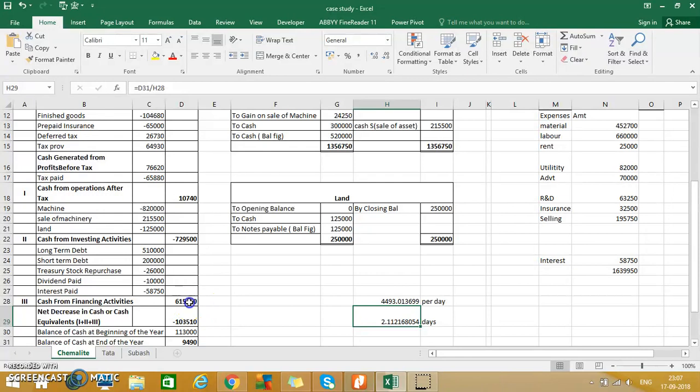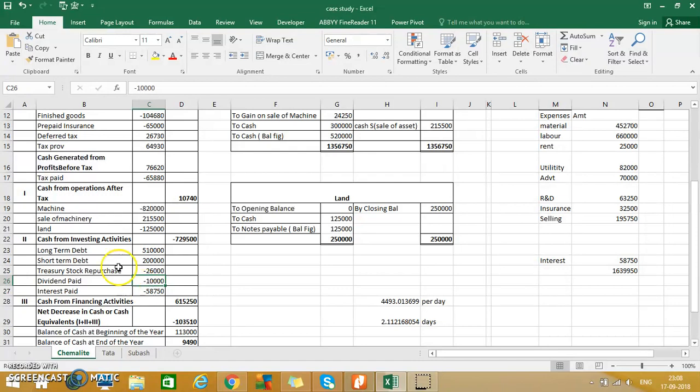The second thing is that totally he has raised 6,15,250 from the market. But if I remove the short-term debt, he has raised 4,15,250 from the market. That seems a very small amount when you compare it to the investing activity, which I have already mentioned. Next, instead of making the dividend payment, it would be good if the company did not pay the dividend.